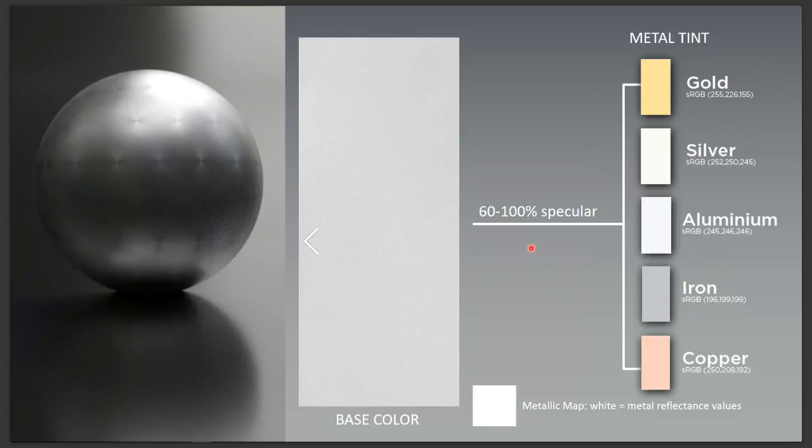So where would you get these values? Are they on the Allegorithmic website, or are they hard to find? Speaking from my own journey, they can be hard to find.